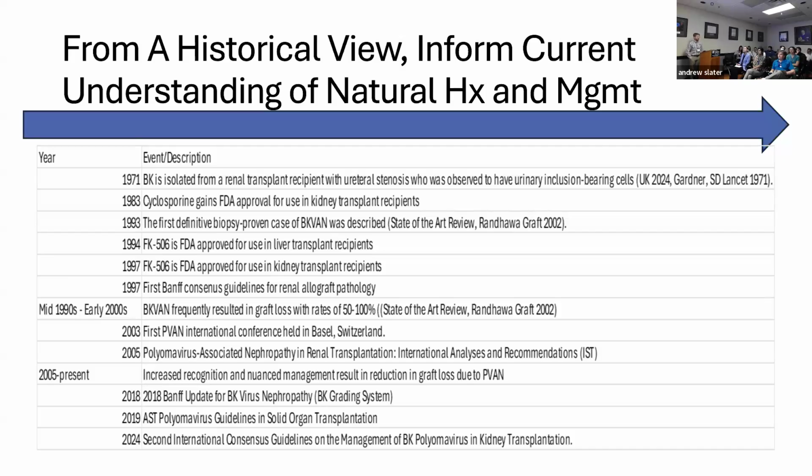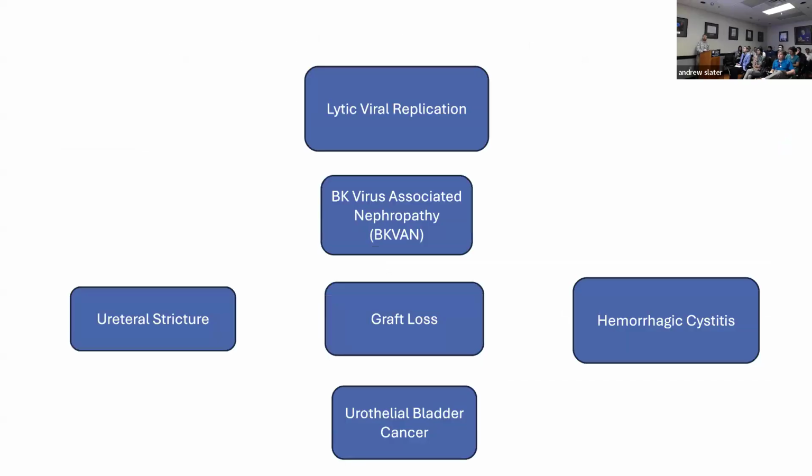In 2018 came the Banff update, where the BK grading system came into force. In 2019, we had the AST guidelines for solid organ transplantation. And just last fall, the International Society of Transplantation published its second international consensus guidelines. So we're going to talk about BK, right?